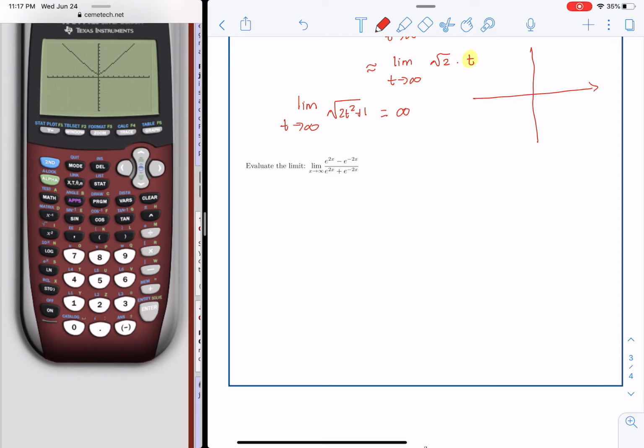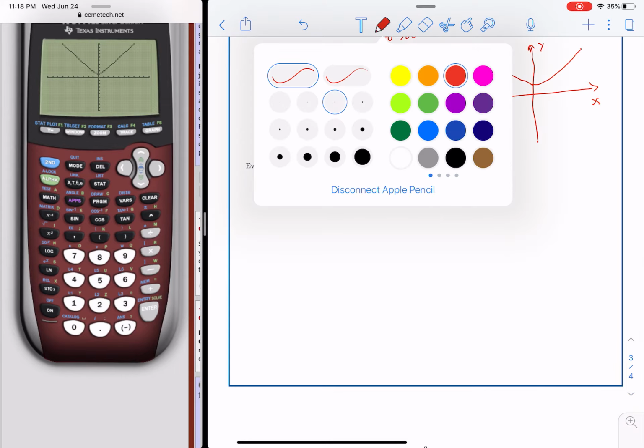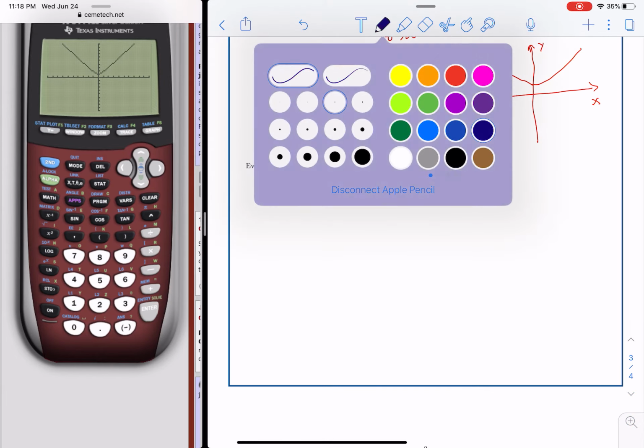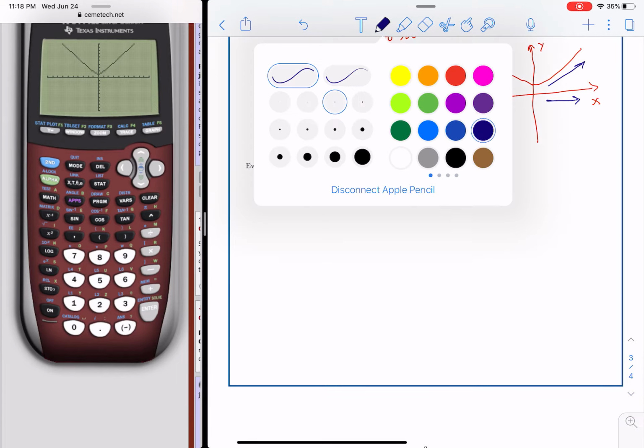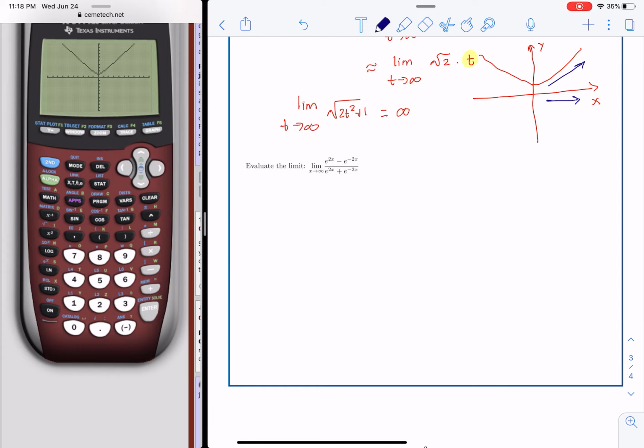So the curve is of that sort. As x keeps on increasing, the value of y increases, and it is going toward infinity. But that is not a horizontal asymptote in this problem, because it is not going along a horizontal line.